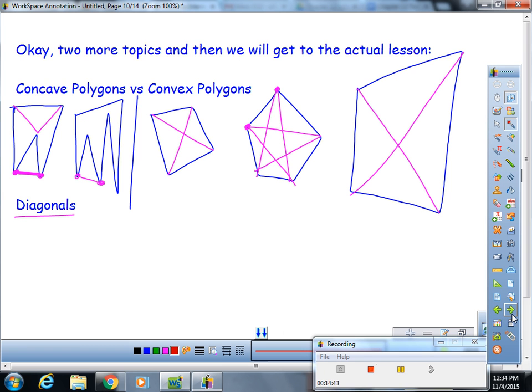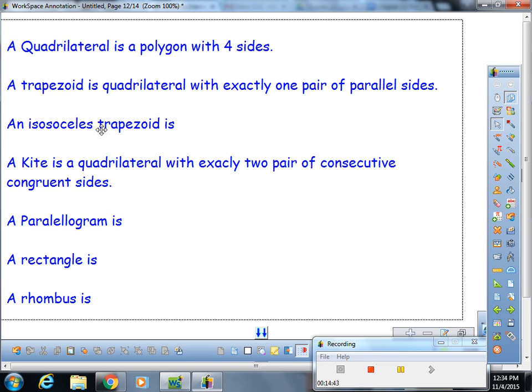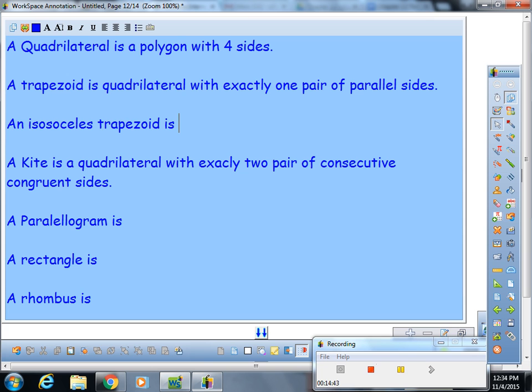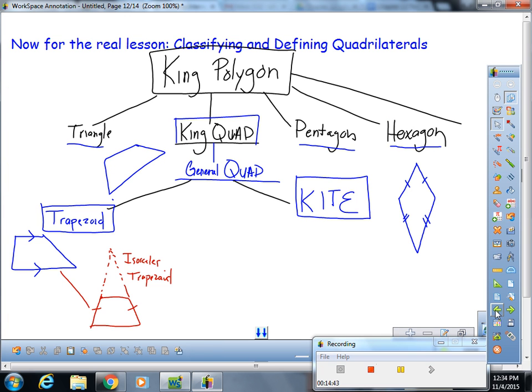So, if we add that to our definition, an isosceles trapezoid is a trapezoid whose legs are congruent. Okay, sweet. So, everything was really going well in the Polygon world, especially in the quadrilateral community.